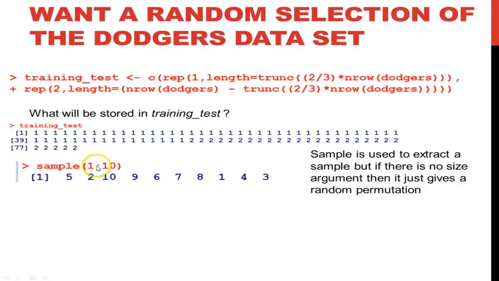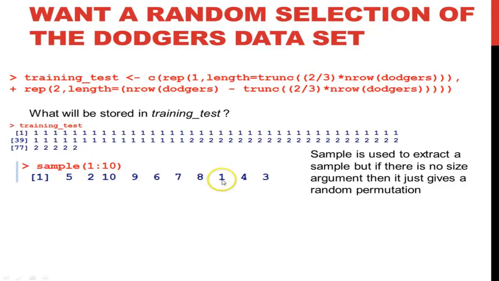So if you do sample of a vector, comma, a number, it'll take a random sample from this vector, with the number as the number of elements. That's a random sample. If you don't use a second argument here, then it just takes a random permutation of these numbers.